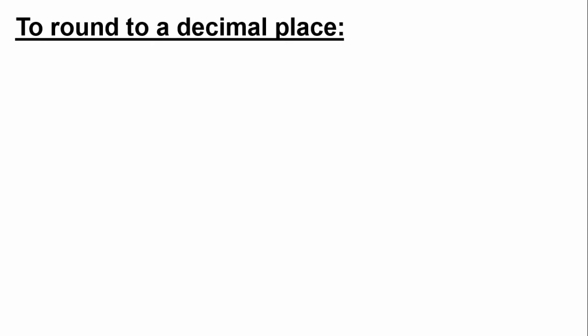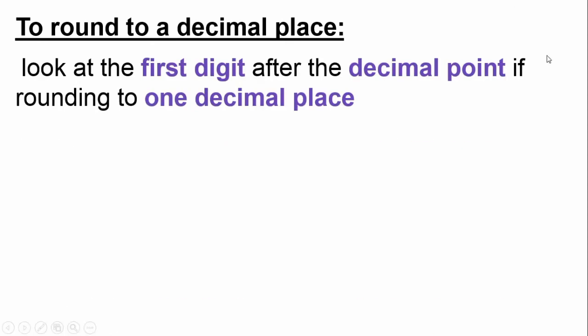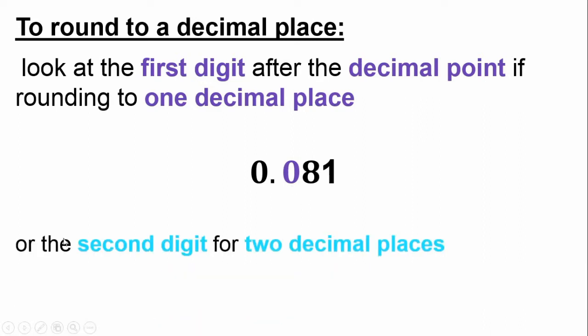Rounding decimal numbers. The steps of rounding to decimal places. Look at the first digit after the decimal point if you are rounding to one decimal place. For example, 0.081: the first digit is 0. Next, look at the second digit for two decimal places.